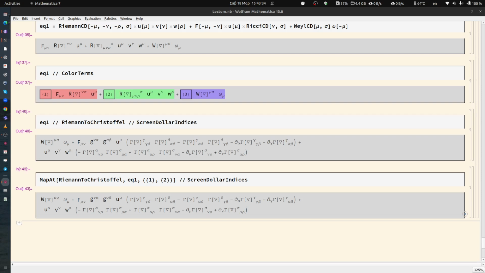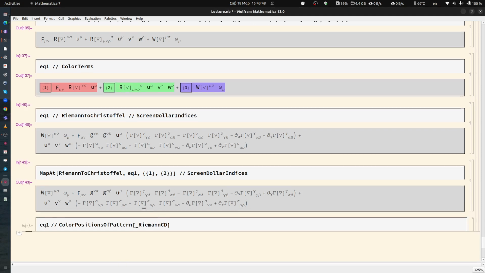Now, we can use functions in this package also to find a pattern in an expression. Let me show you an example here. So this is our tensorial expression here. And let's say we want to find terms that contain the Riemann tensor.